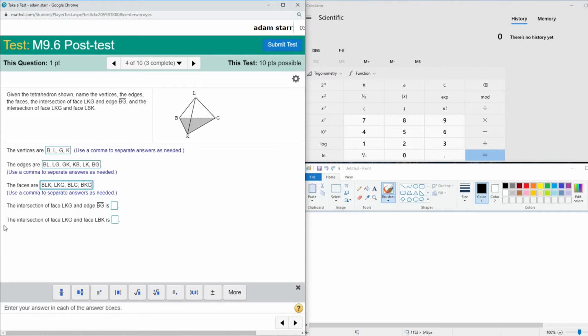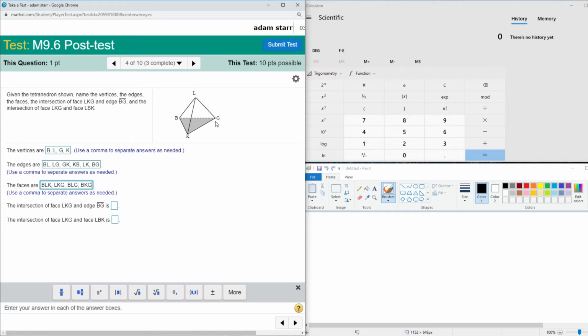The next question is asking about an intersection of a face and an edge. So the face LKG, which is this face, and the edge BG, which is this edge here. LKG and BG intersect at what?